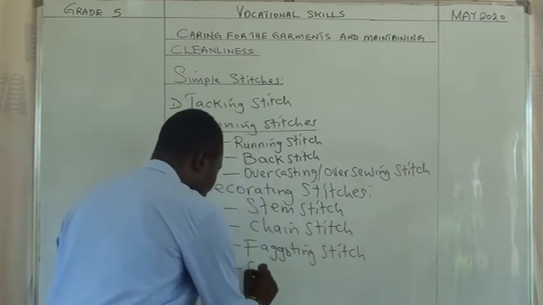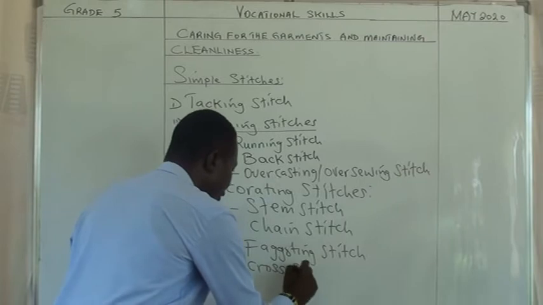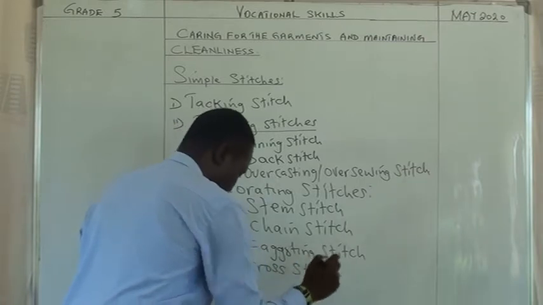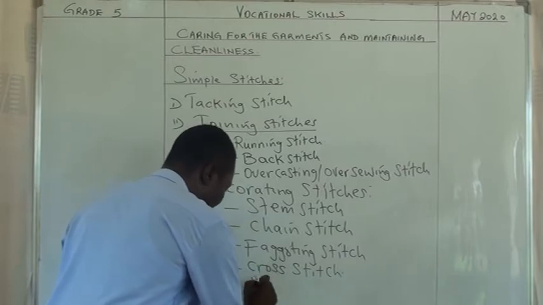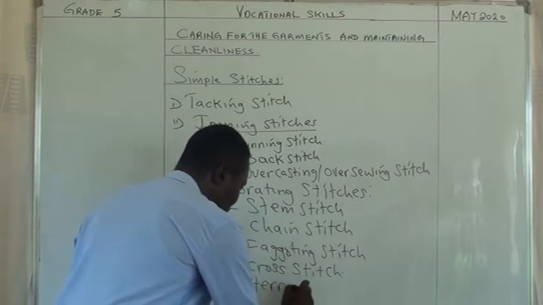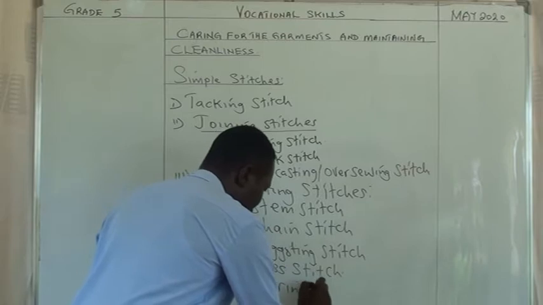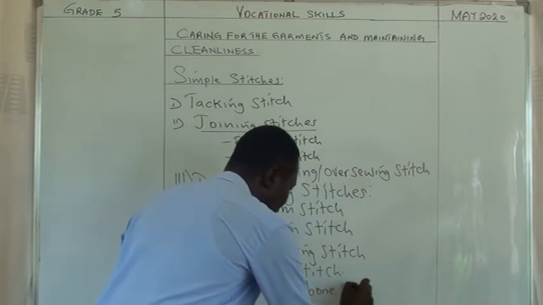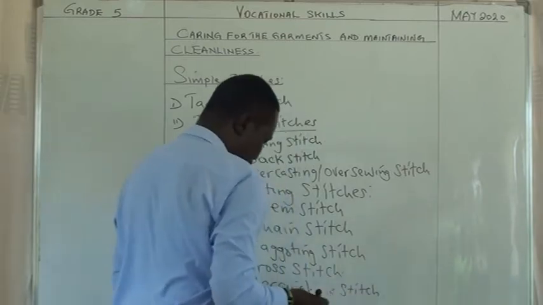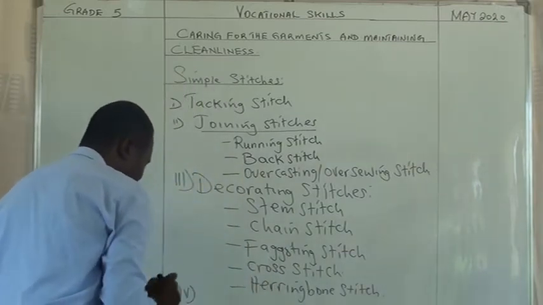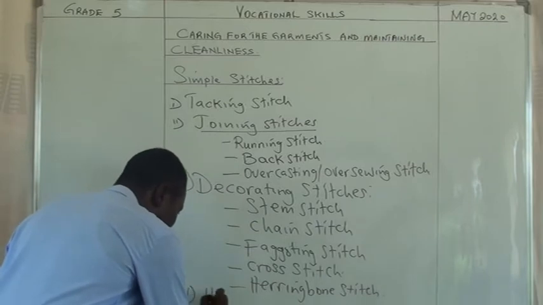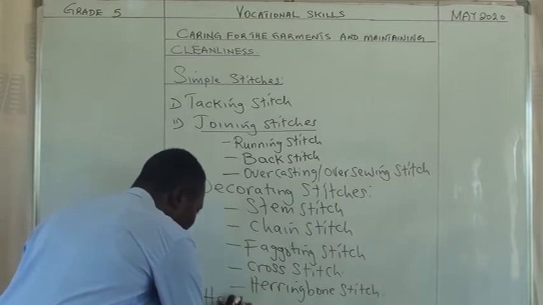We have the cross stitch, then we have the herringbone stitch. Good. Then the fourth group of stitches is the hemming stitch.